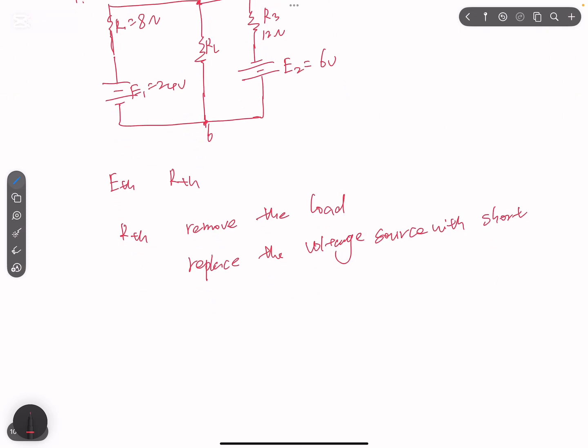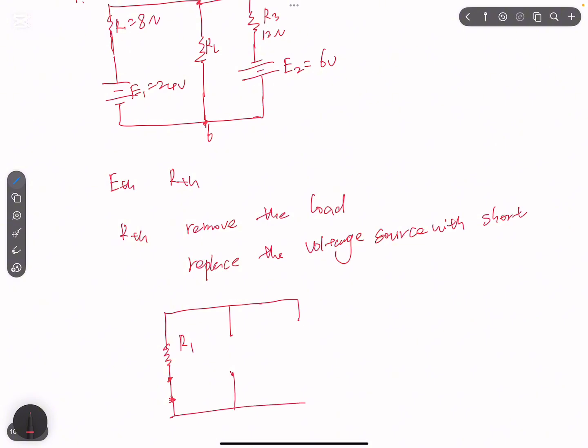So if we replace the voltage source with short, we will have R1, and we have a short here. And we remove the load. That's an open circuit here.